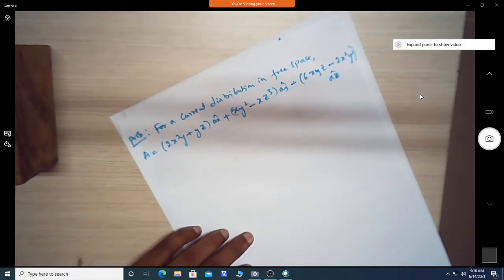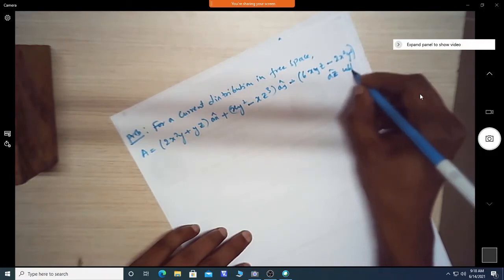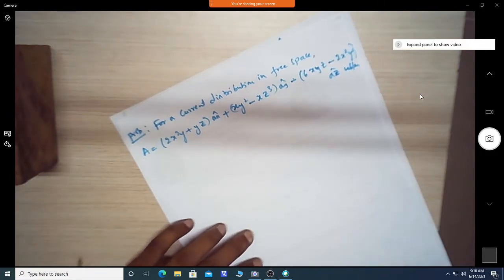This is the A which is given in Weber per meter.